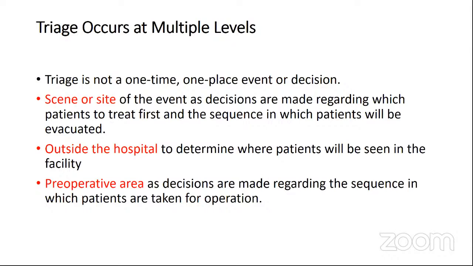And if the patient requires any hospital treatment, like an operation or surgical procedure, we have to make sure that triage occurs before the pre-operation. So that is triage at multiple levels: the scene or site outside the hospital, inside the hospital, and the pre-operative area.